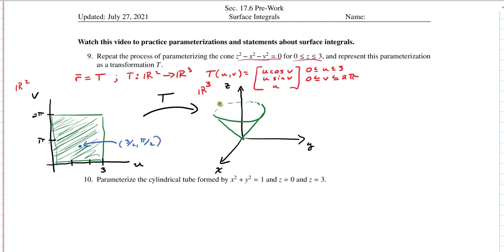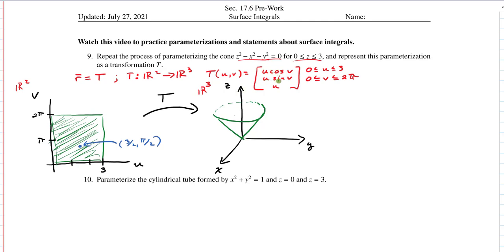We do the transformation to this point, and we put it into 3 space based on this collection of rules here. Let's look at what the transformation does to this point. If we plug these coordinates in for u and v, notice that the new x-coordinate is going to be 3/2 times the cosine of pi over 2, but the cosine of pi over 2 is 0, so the new x-coordinate is going to be 0.